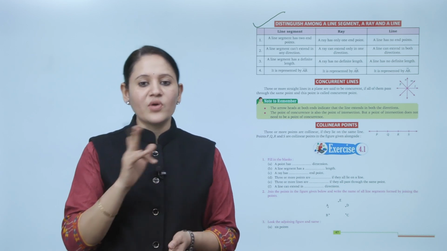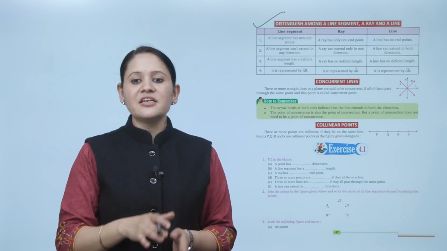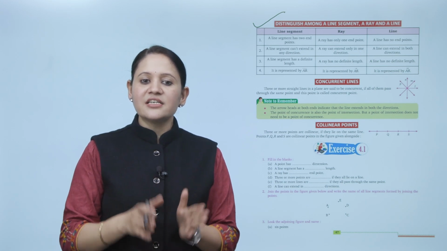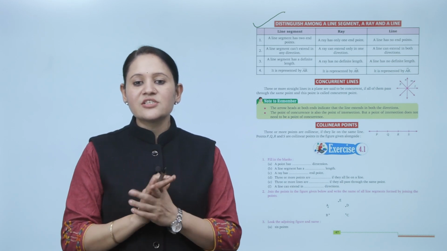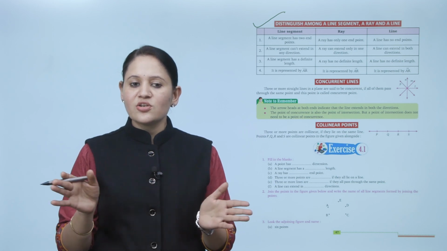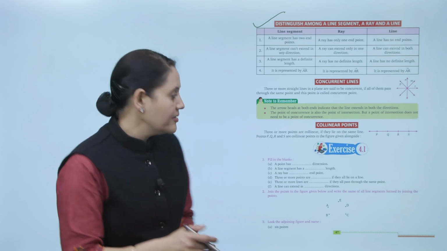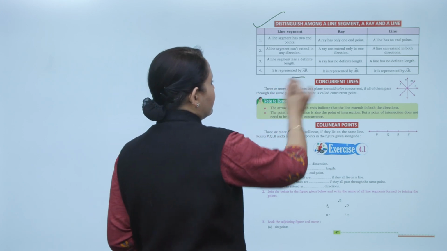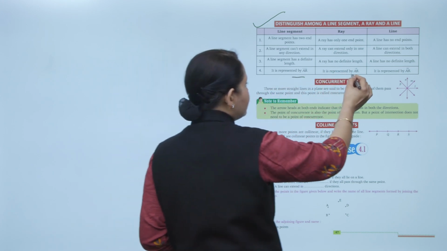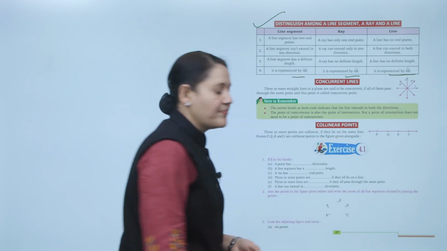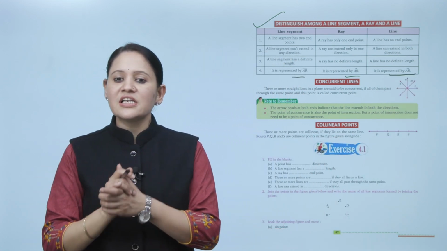A ray can be extended in one direction only and a line can be extended in both directions. A line segment has a definite length. A ray has no definite length, a line has no definite length. A line segment is represented like this, and this represents a one side arrow ray and two side arrows mean line. Next is concurrent lines.